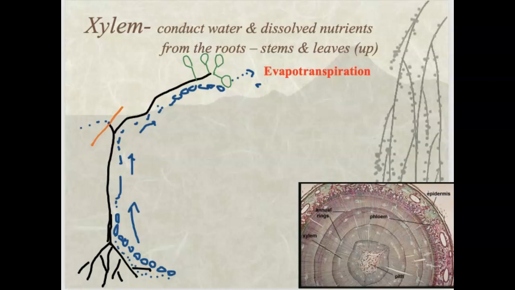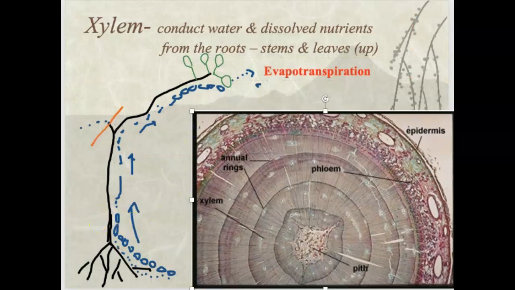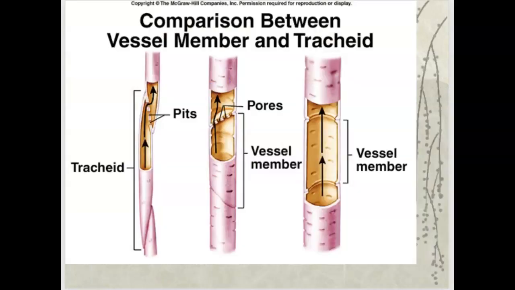Now, as it moves up, the fluid often goes through these specialized little cells called vessel members or tracheids. So what these guys are, they're just specialized cells that have these little pits in them.